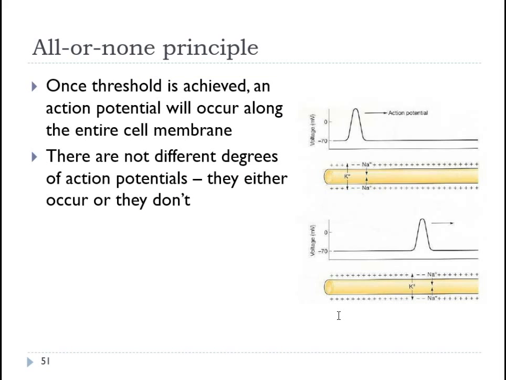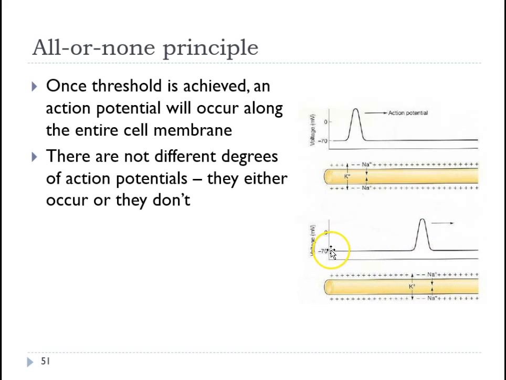It's kind of an all or none principle. So here's the axon, here's that wave of electrical energy, and you'll see that everywhere else it's pretty much positive, except for where that current is being changed or moved. As that current moves down that axon, you'll see that the wave is moving as well, so everything returns back or polarizes again, except for where that event is occurring.